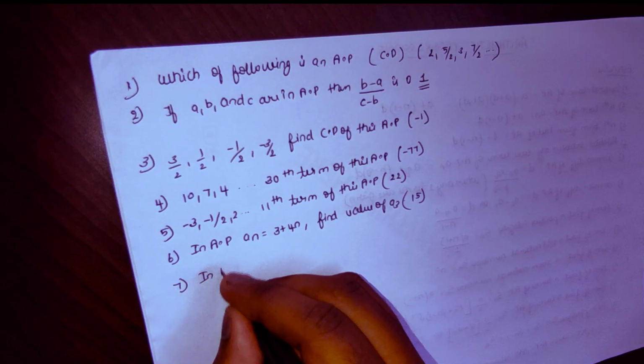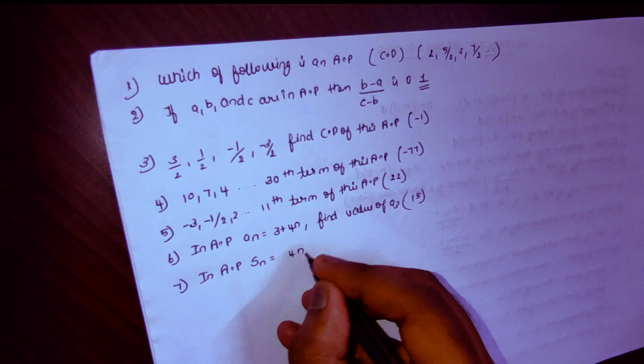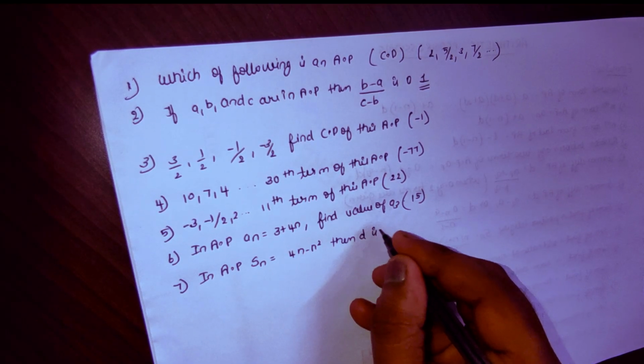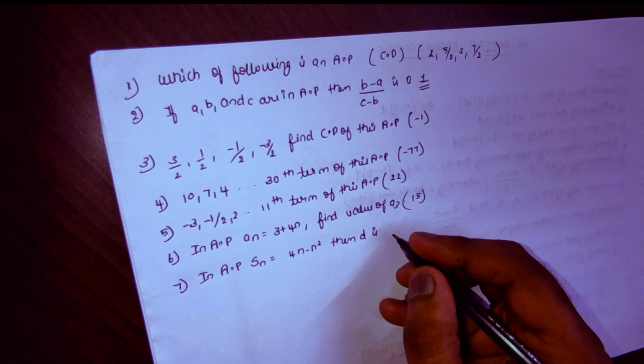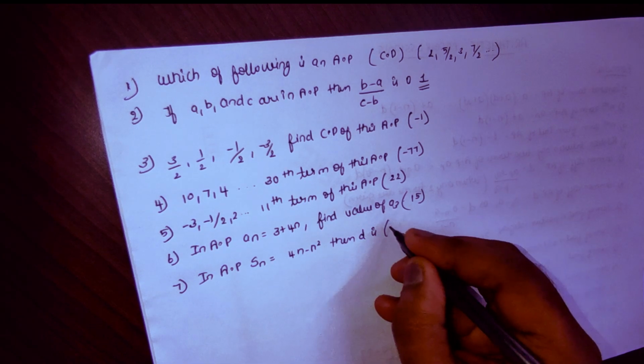In an AP, Sn is equal to 4n minus n square. You have to find the value of d. The value of d is minus 2.